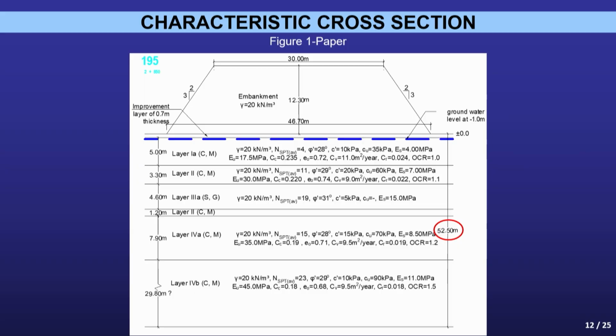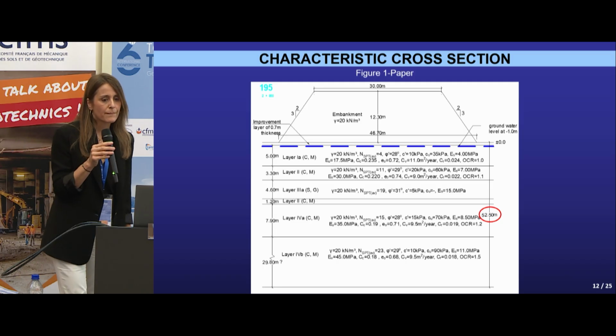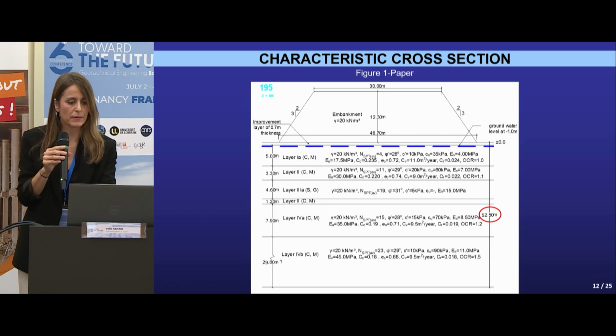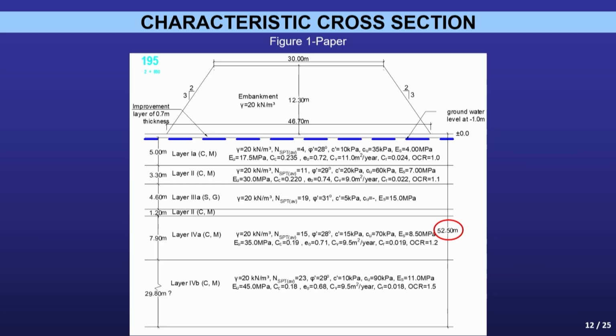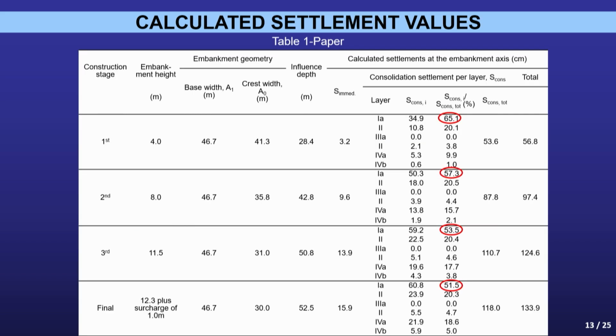Here is the characteristic cross-section we selected to present in detail in the current education case study. You can see here the soil layers, consisting mainly of silts and clays, some interlayers of sand and gravels, and the geotechnical parameters used for the calculations of the settlements.